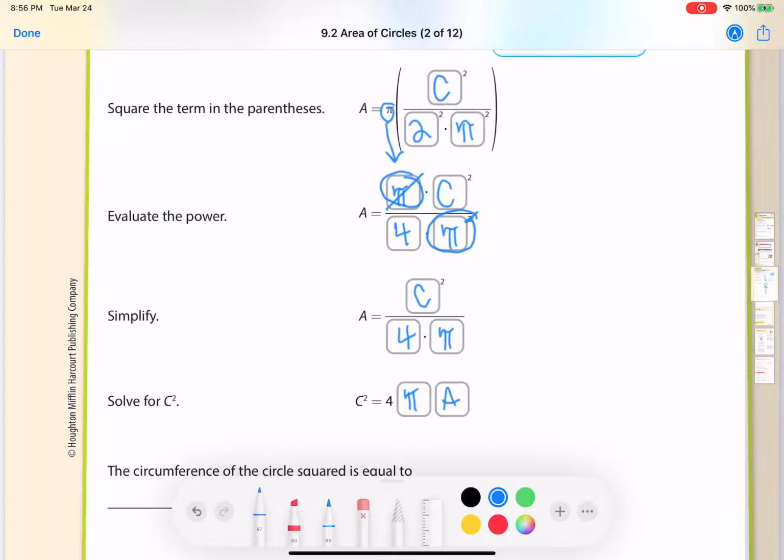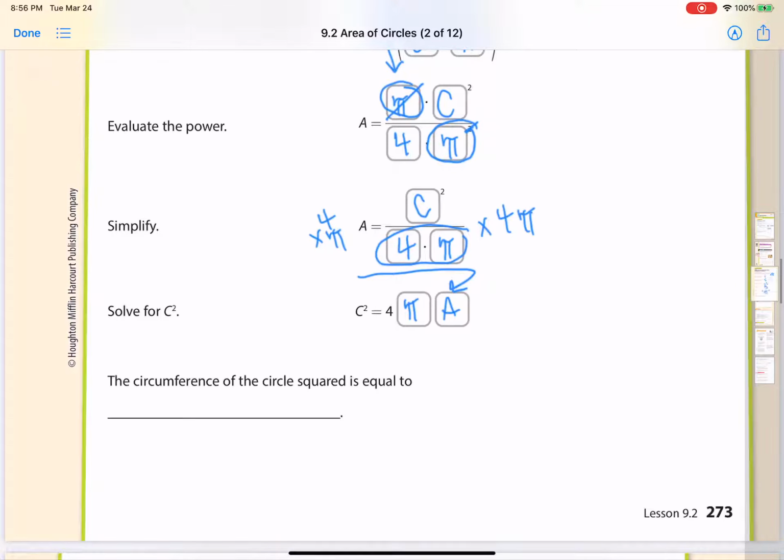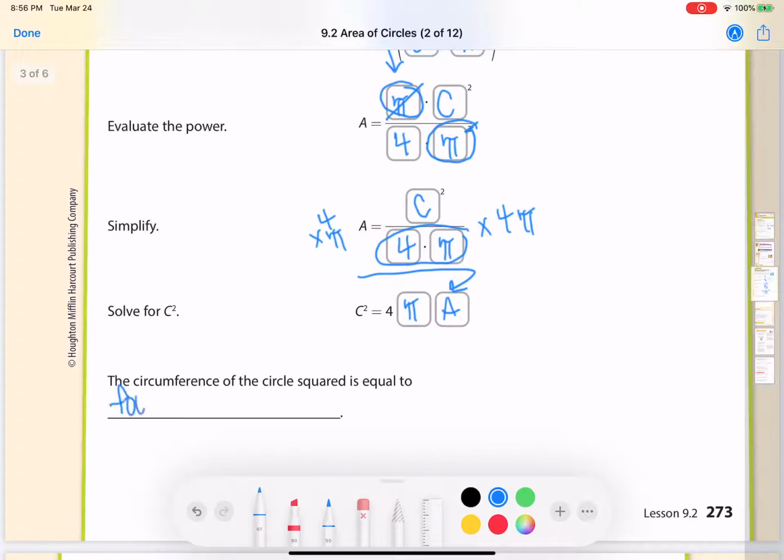Now we get that by, since this is being divided, to move it to the other side by itself, you want to multiply both sides by 4 pi, which is how we're left with this here, and C squared is what it said equal to. So the circumference of the circle squared is equal to 4 times pi times area.